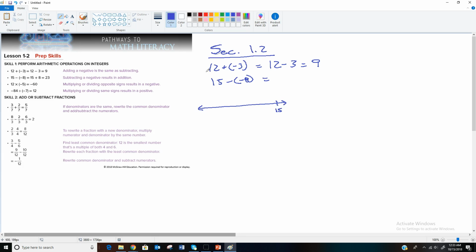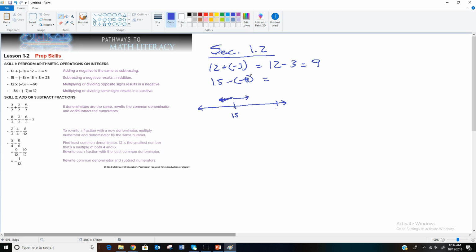So say we're starting at 15, and we know that we want to subtract, then we know we're going to go this way. But we're not subtracting a positive number, we're subtracting a negative number. So basically it says, we're going to go this way when we see the minus sign, but then we see the negative and it says, oh wait, no, we're going to go this way.